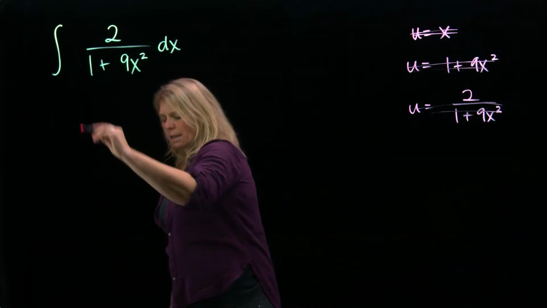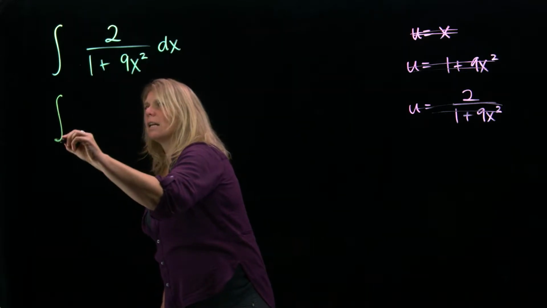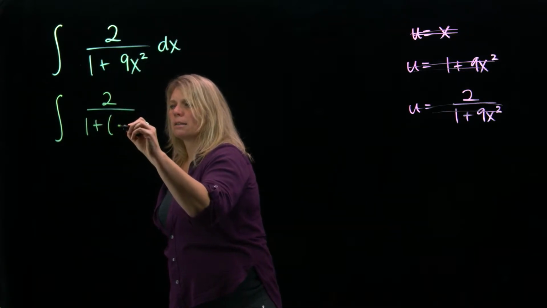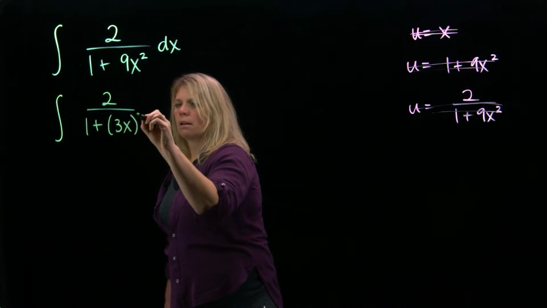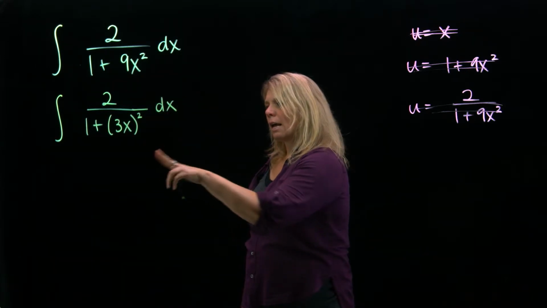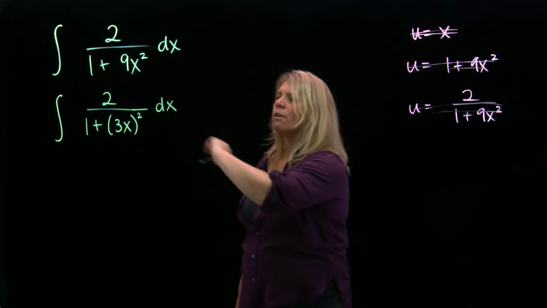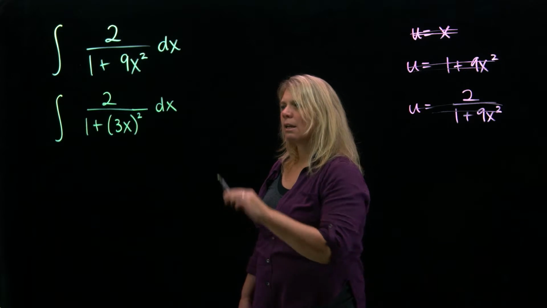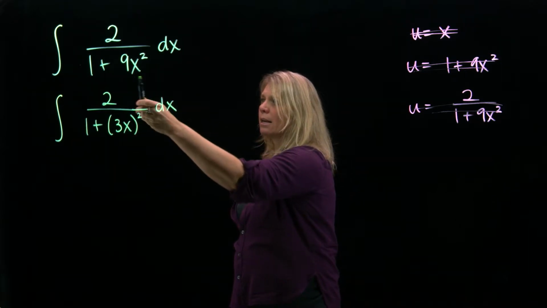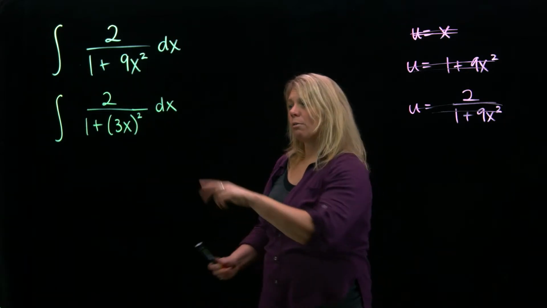So actually, if I do a little rewriting on this integral and think about fitting it into that form of 1 plus something squared and let u equal that something, then this ends up like the tangent inverse form that we talked about at the beginning. This one you have to be a little creative using some algebra to rewrite the 9x squared as 3x the quantity squared, and then let u equal that 3x.